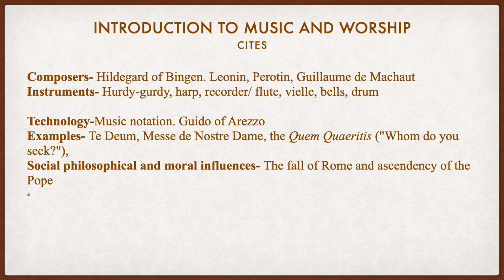And the most important technological advancement was the addition of lines in musical notation by Guido d'Arezzo. The social and philosophical and moral influences were the fall of Rome and the ascendancy of the Pope.